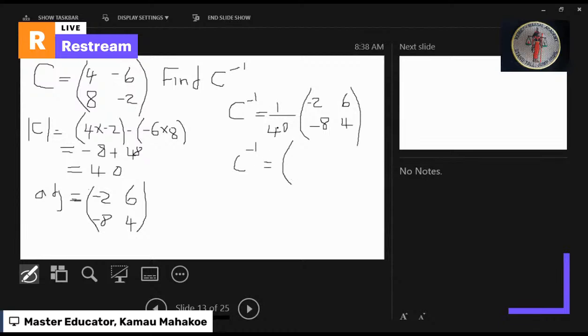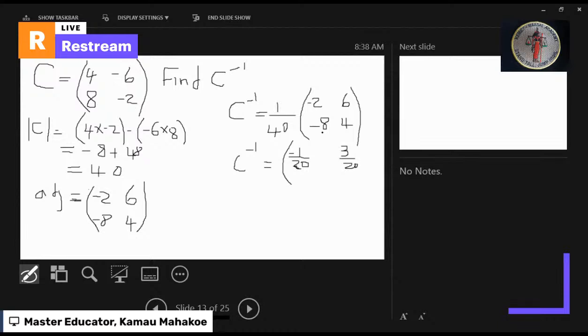So 1 over 40 times -2 would give -2 over 40, which cancels to give -1 over 20. 1 over 40 times 6 would give 6 over 40, which cancels to give 3 over 20, since 2 into 40 goes 20.